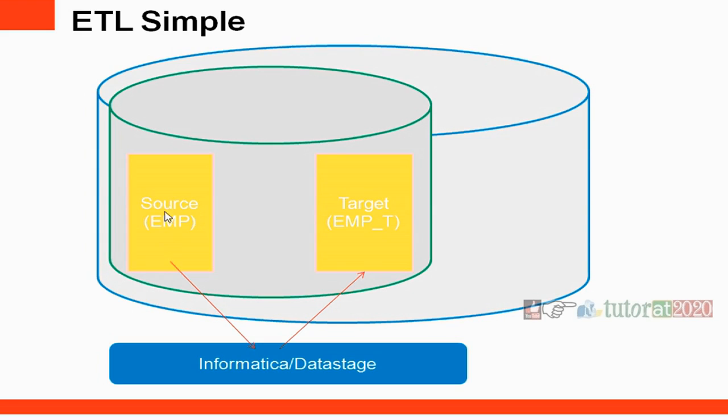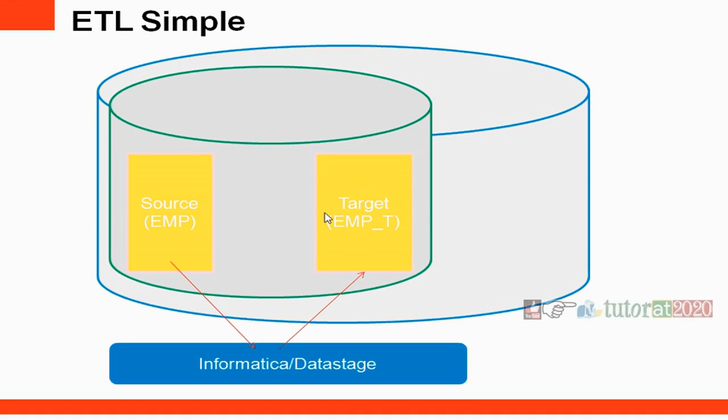In this case data will be extracted from this to here, apply any logic, and then load into this target. This is what happens. Actually speaking, there are two problems. In this example, if I give you access to this database and ask you to take data from here to here, what will you do?